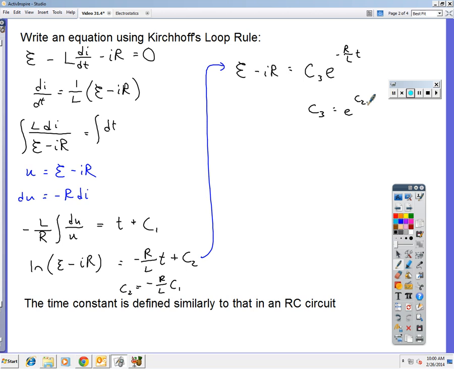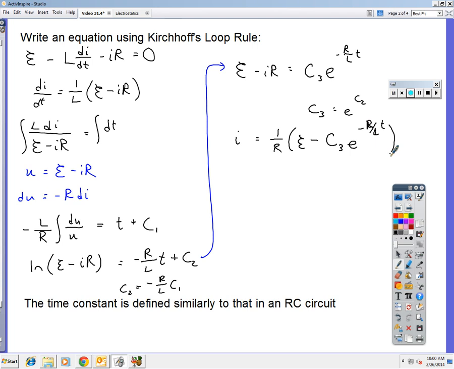And then a bit of algebra gives us I equals 1 over R times the EMF minus C3 e to the negative R over L times t.